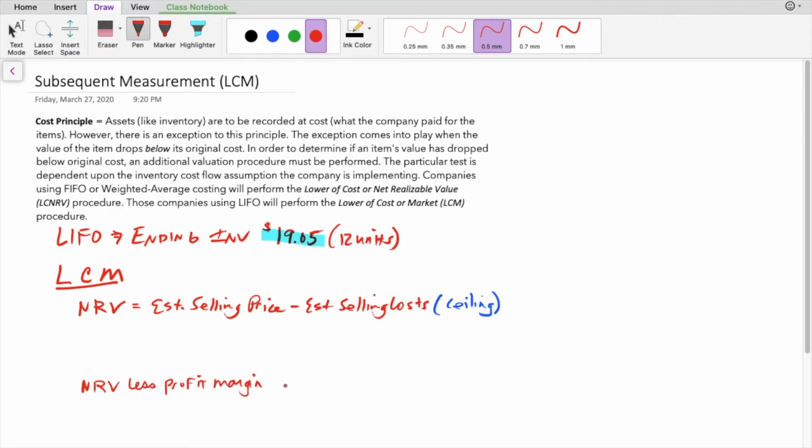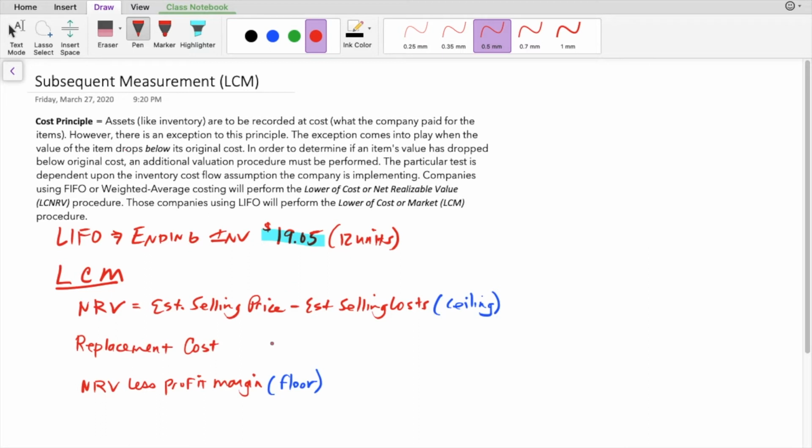This value becomes our floor. So we have a ceiling, which means we will not put a market value higher than net realizable value. And we have a floor, which means we will not put a market value lower than net realizable value less our typical profit margin. The third item that we want to figure out, though, is what's called replacement cost.